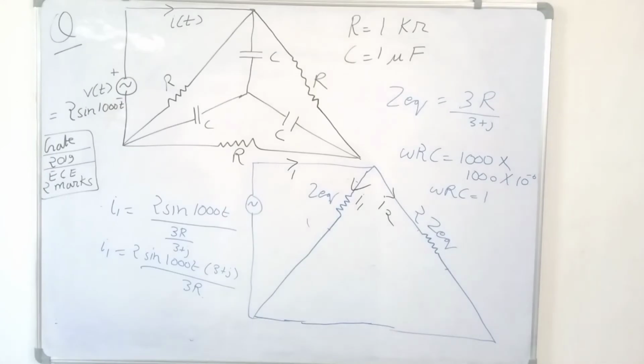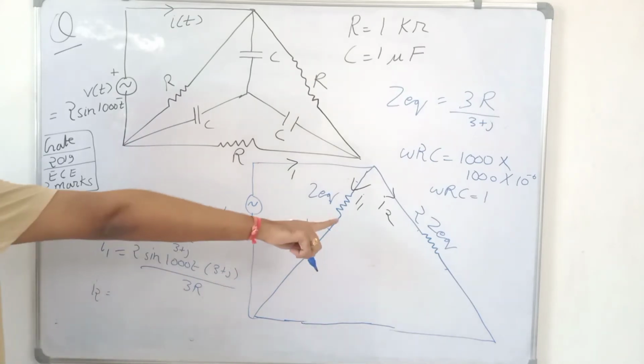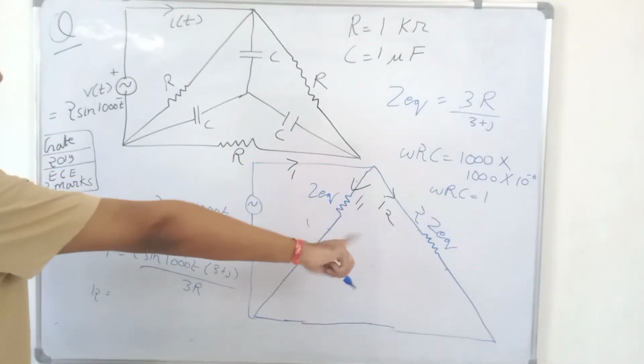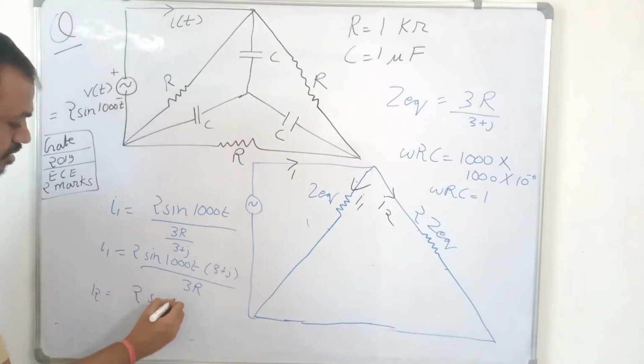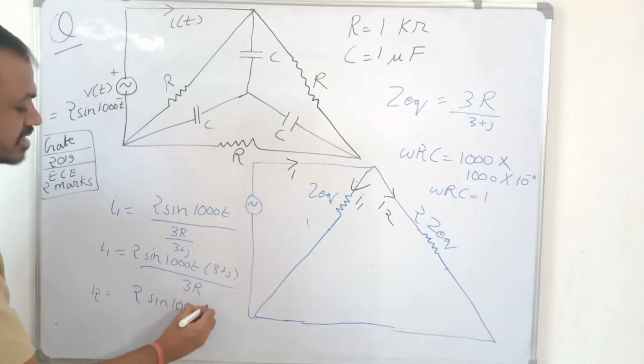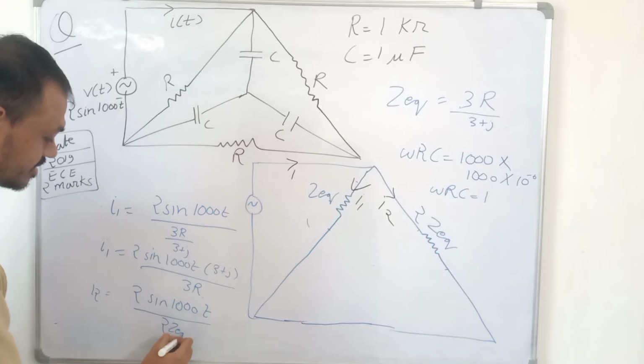I2 is flowing through the same voltage but with 2 Z equivalent. So I2 will be equal to 2 sin 1000 t upon 2 into Z equivalent.